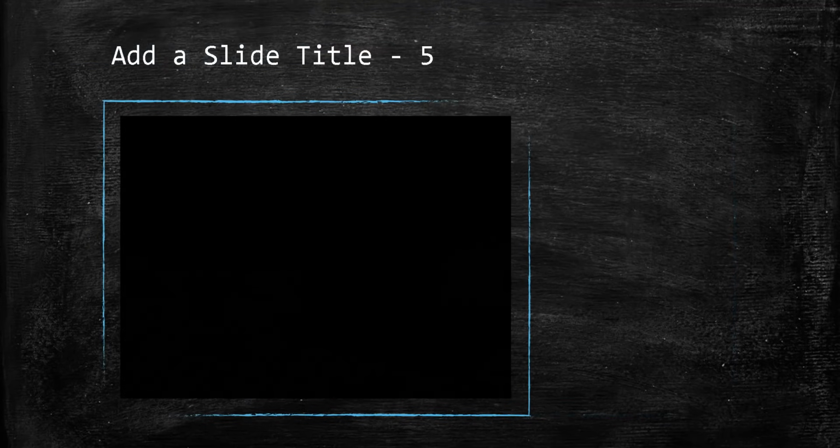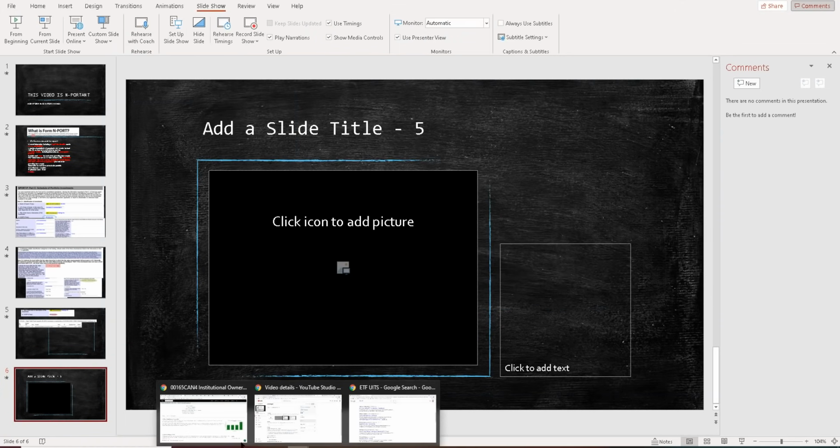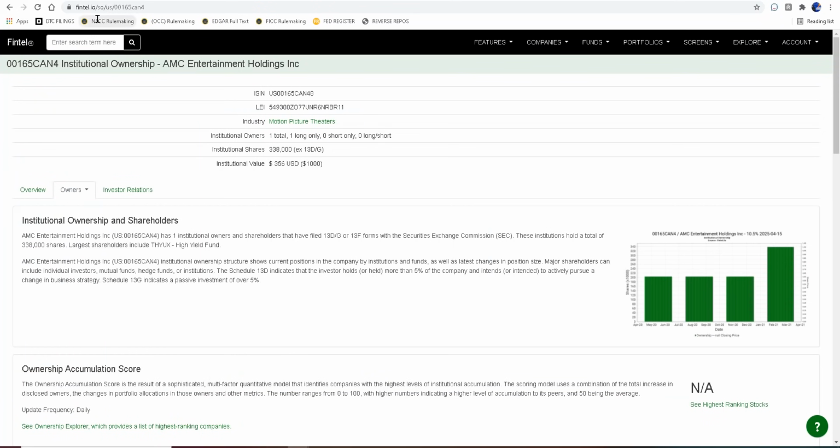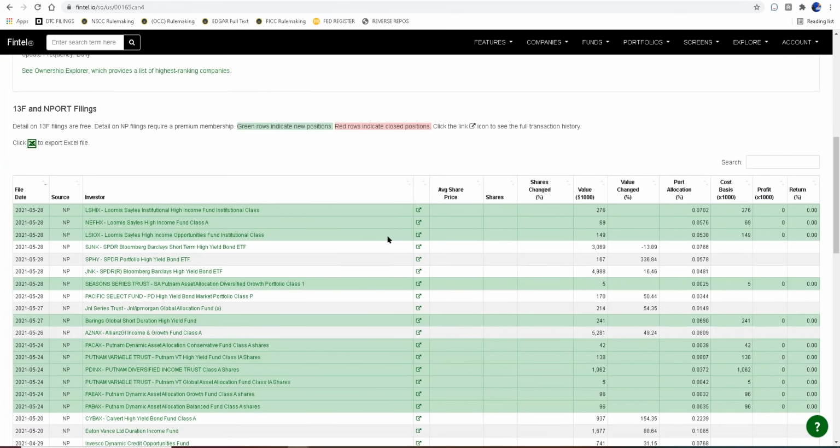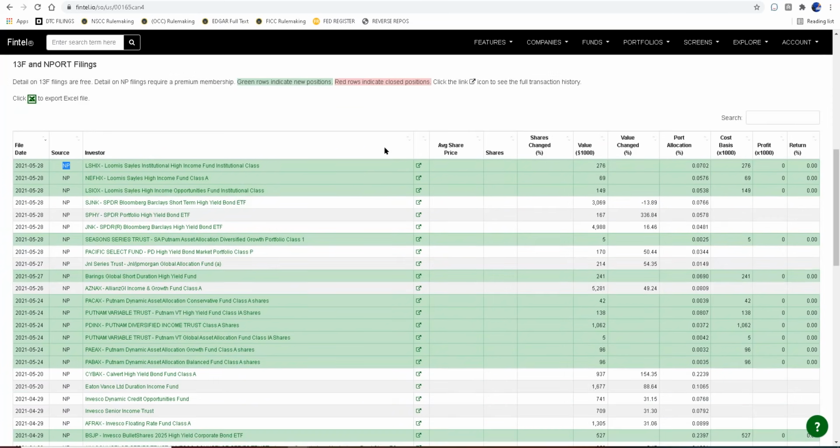And I wanted to show you real quick before I let you go what I'm talking about. So this is the bond right here. If you take that CUSIP number and you copy and paste it into Google, it'll bring up Fintel amongst other things. It'll show you the owners. Now we see right here that source NP means that an NPORT was filed.